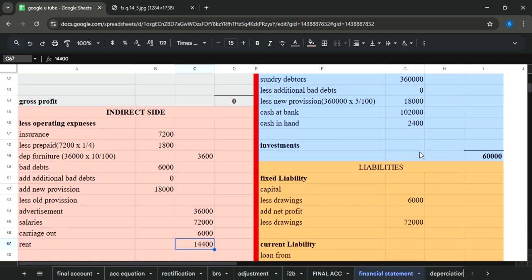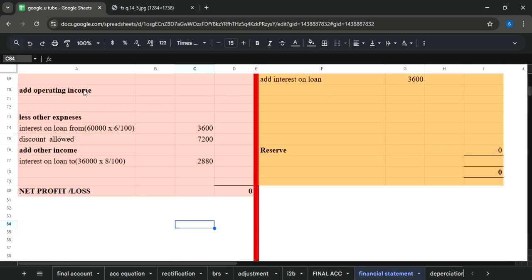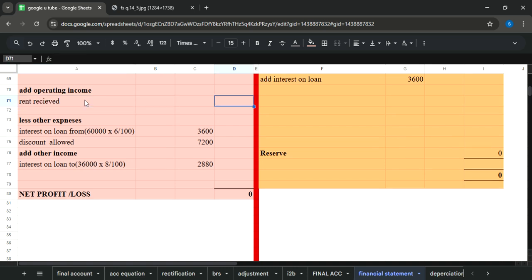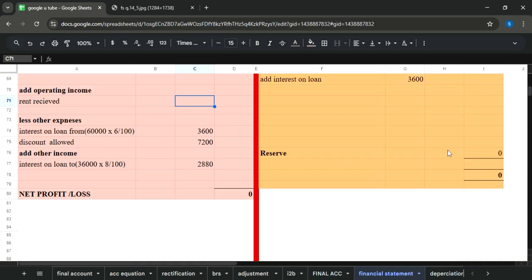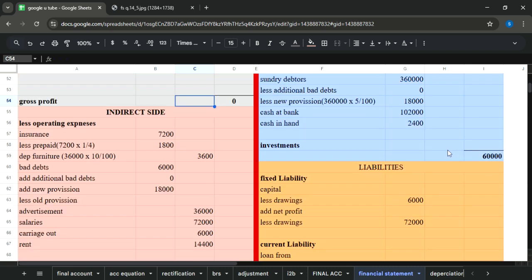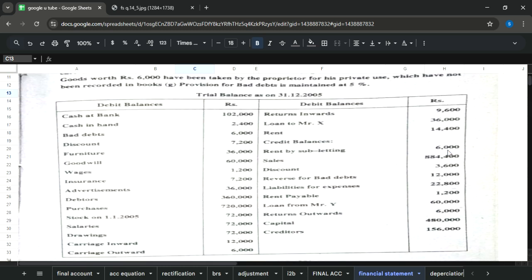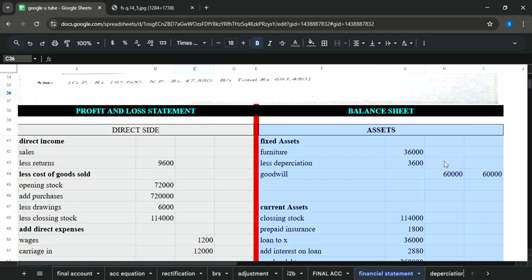So you will go to operating income, and here you will write rent received as your income. And how much rent we have received by subletting? It is 6,000. So write down 6,000 over here. After which, rent completed, sales 884400. Okay, come over here.